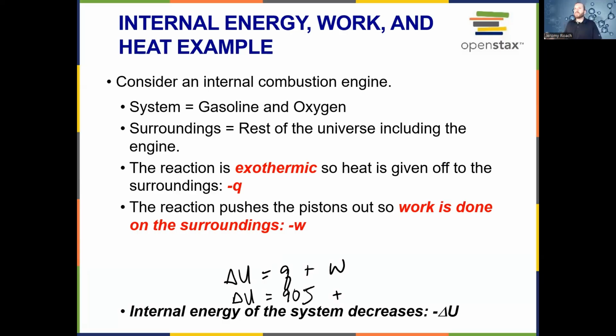And the work, if it's doing 45 joules of work on the surroundings, is going to be negative 45 joules for our value of W. That's going to give us an overall value of 45 joules. This means that the internal energy increases by 45 joules.